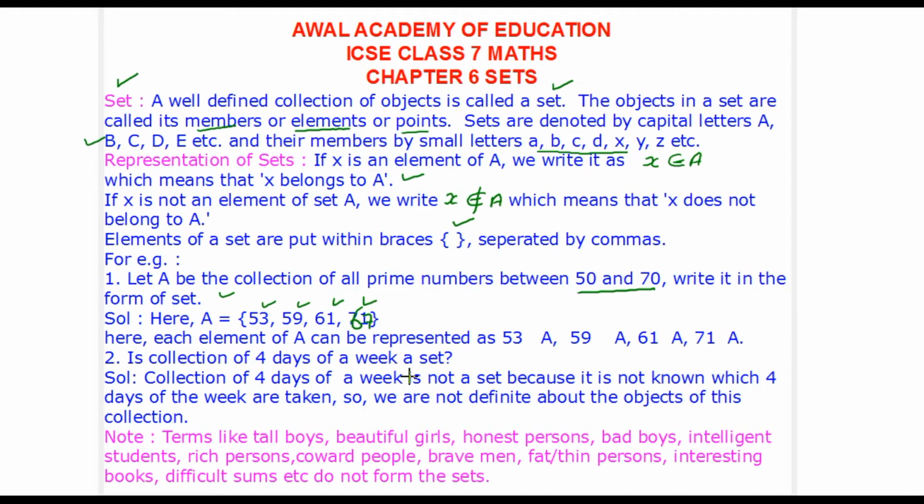So what are prime numbers? The numbers having only one and themselves as factors. We will represent them in the form of a set.